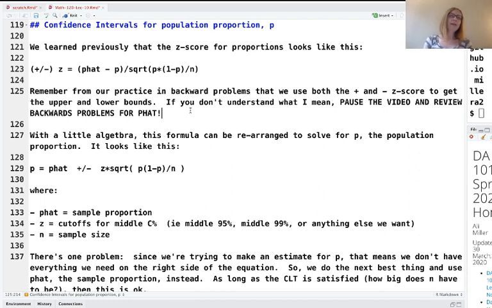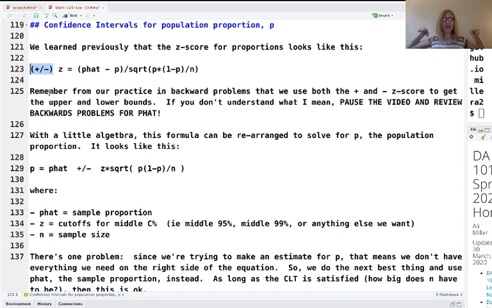So, another thing to point out, this might seem a little confusing at first, but remember, when we're doing those backwards problems, we've always got two bounds. There's the lower bound and the upper bound, because we're talking about like the middle 95%, the middle 90%, the middle 99%, whatever. There's going to be a bound down below and a bound up above.